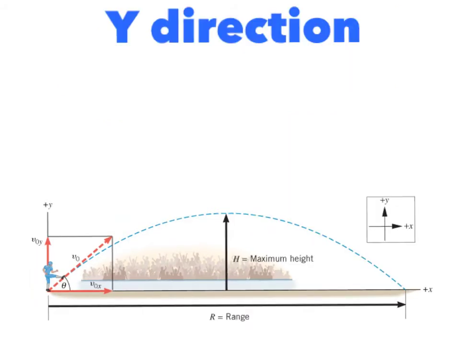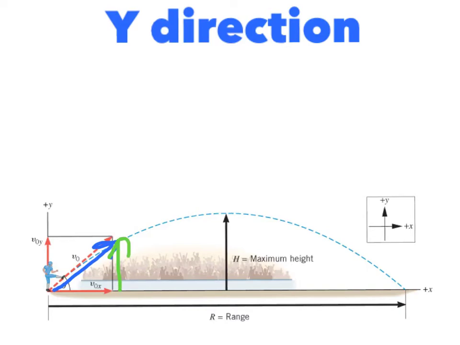So now let's take a look at motion in the y direction. In the y direction, our football is just going up and it's coming back down. So because it has an initial velocity that has both an x component and a y component, we need to find just the y component of the initial velocity.